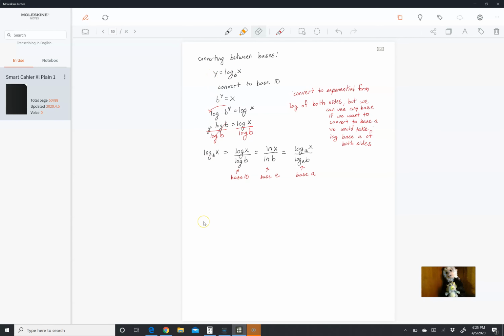So that means if we want to convert log base 6 of 10, I probably shouldn't, let's use 11 just so that it doesn't get confusing. Because we're converting to base 10.